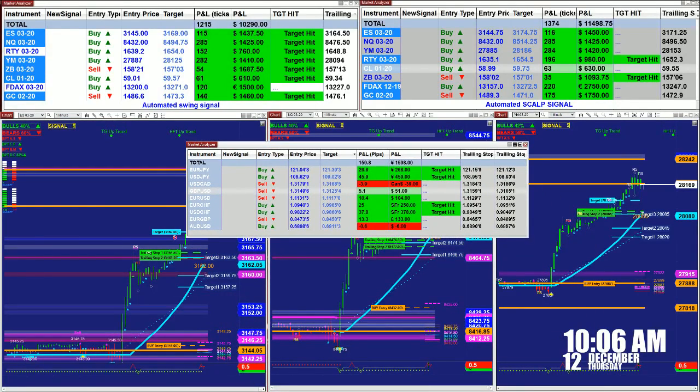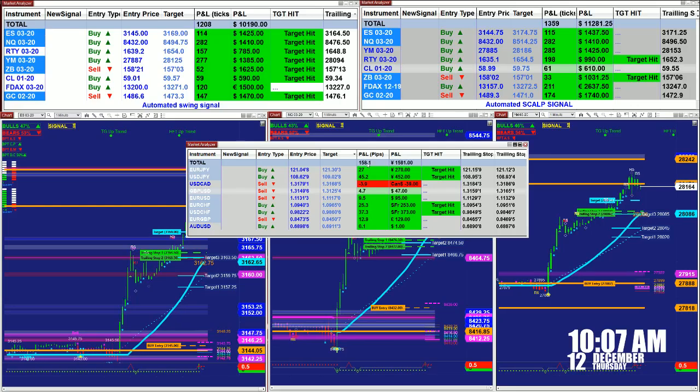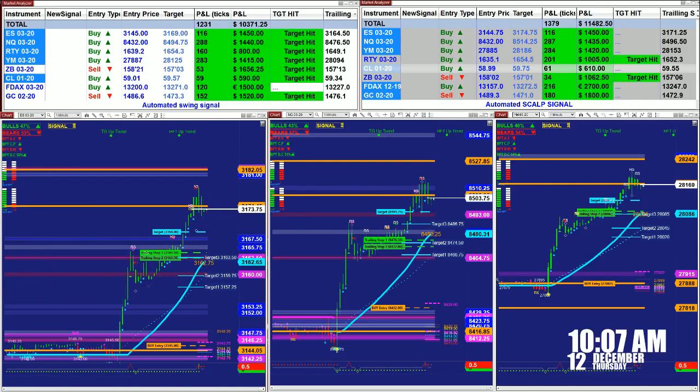At the moment on the Forex, we are 159 pips into the profit, and we are using just the basic Forex, and now we are 164 pips into the profit on the Forex.